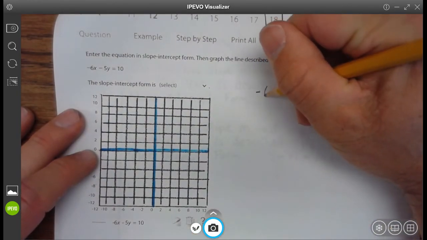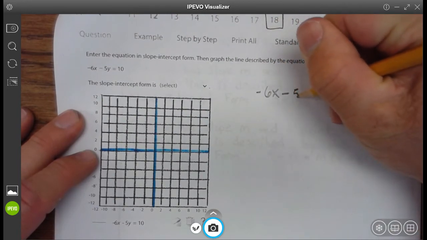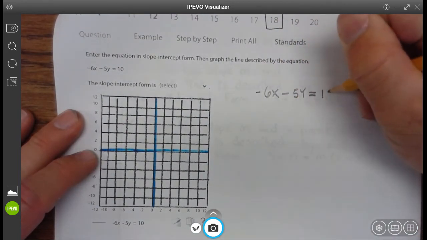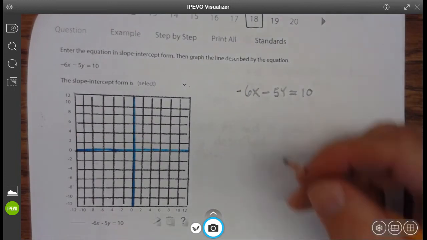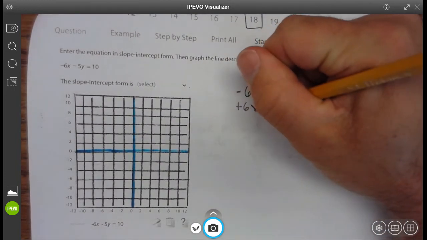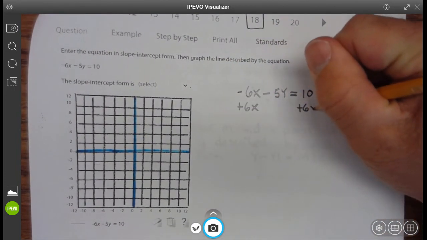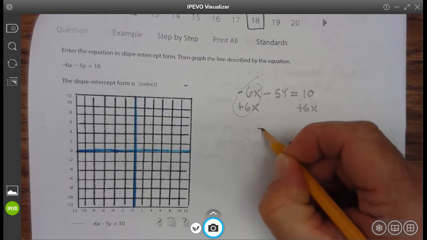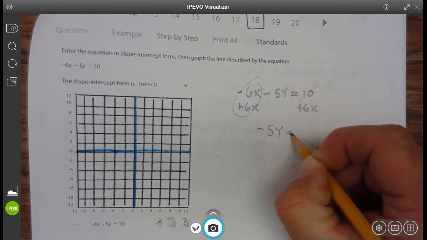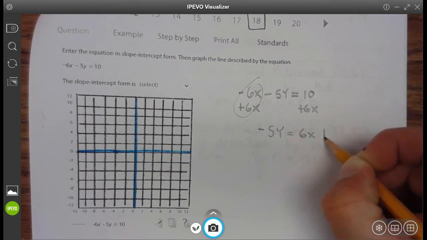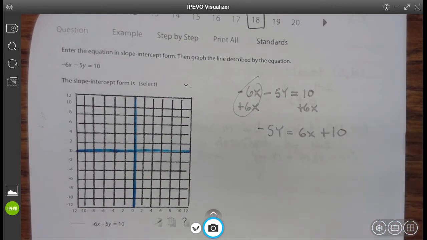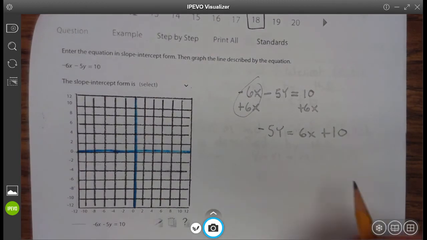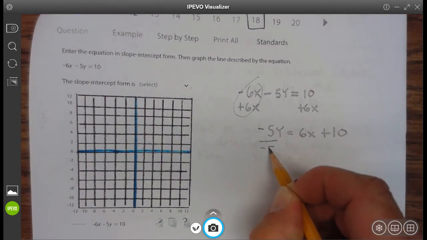So we have negative 6x minus 5y equals 10. Our first step is we're going to add 6x to both sides. Negative 6x and 6x is 0. You get negative 5y equals 6x plus 10. Now we're going to divide everything by negative 5.